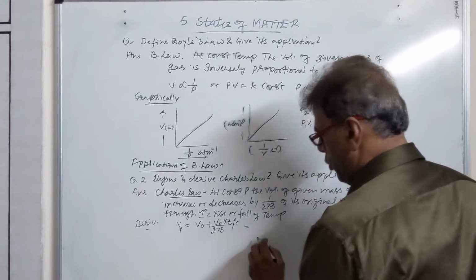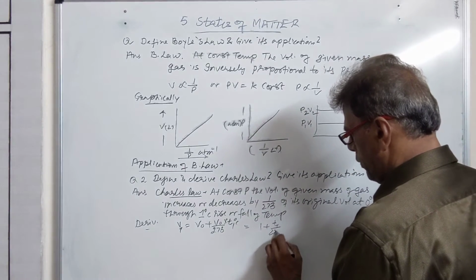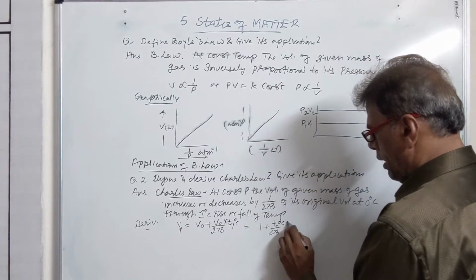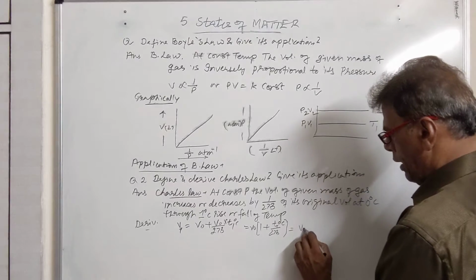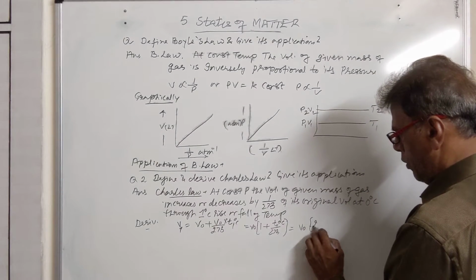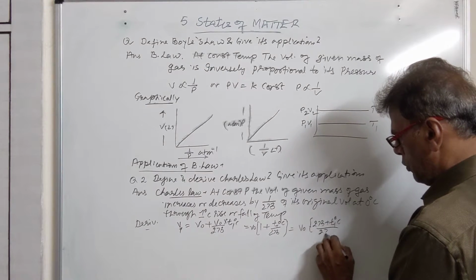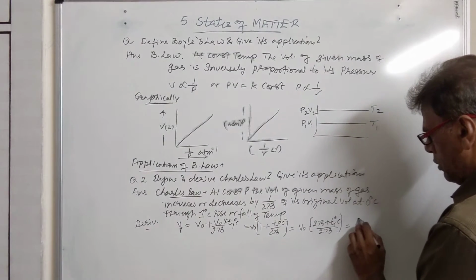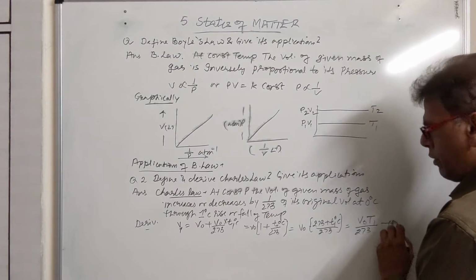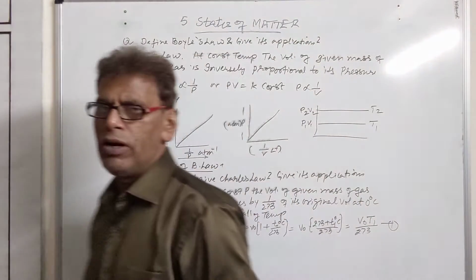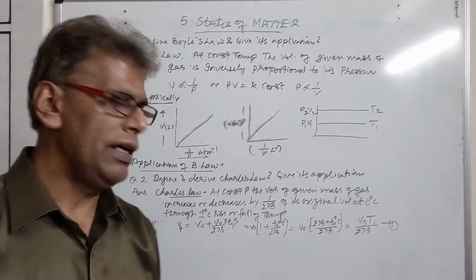Or this can be modified as V0 times (1 plus T1 upon 273), or we can write it as V0 times (273 plus T1 degree centigrade) upon 273, or this is equal to V0 T1 upon 273. This is our first equation. V1 will now be equal to V0 T1 at 273 Kelvin.